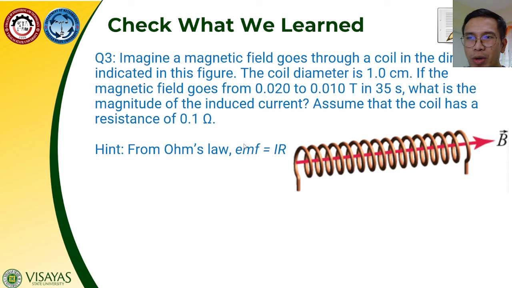We already know how to solve for the voltage or EMF, and resistance is already given. So now we can solve for the induced current I. Again, you may pause this video so that you have time to solve this problem.